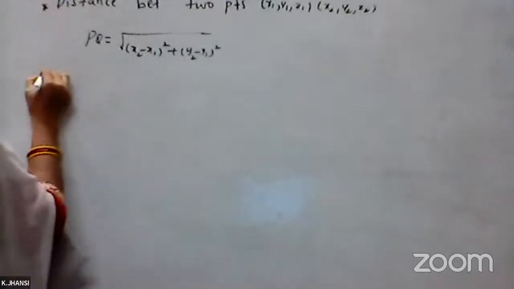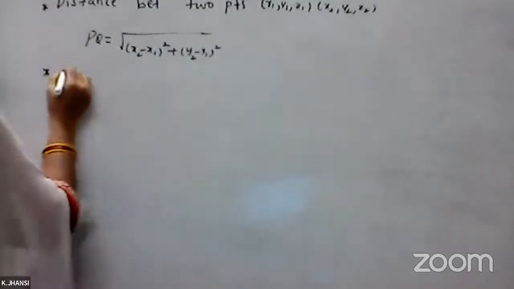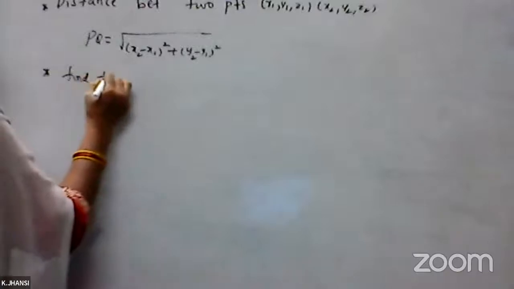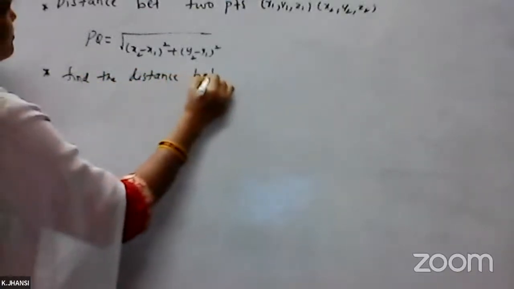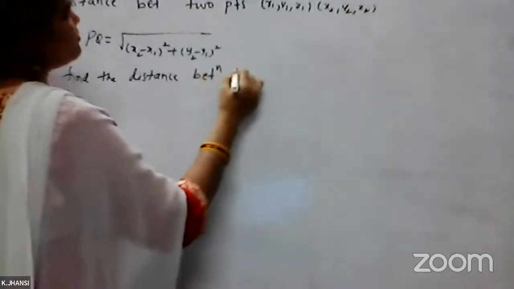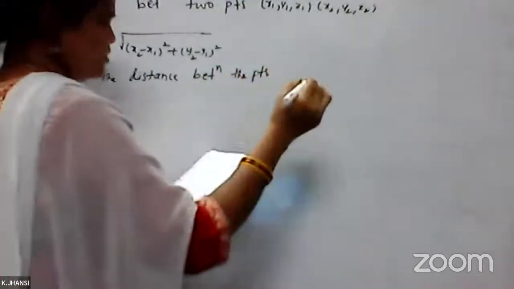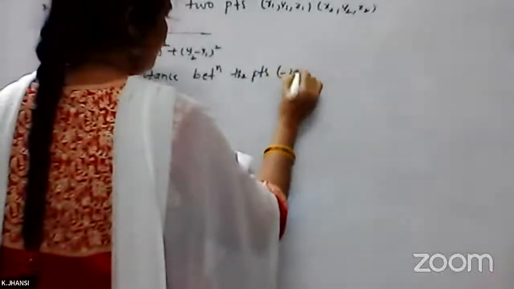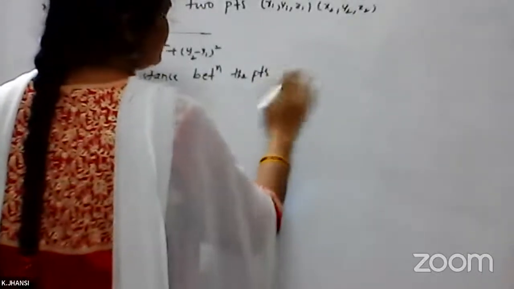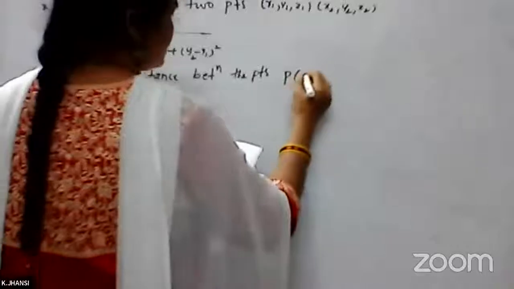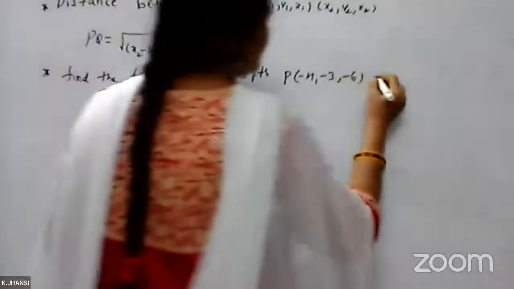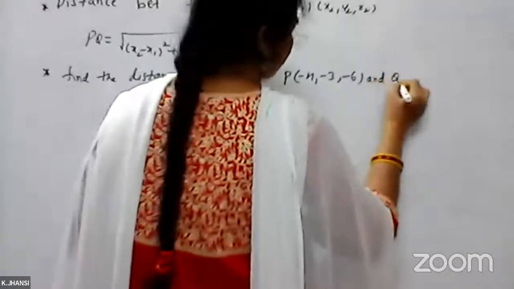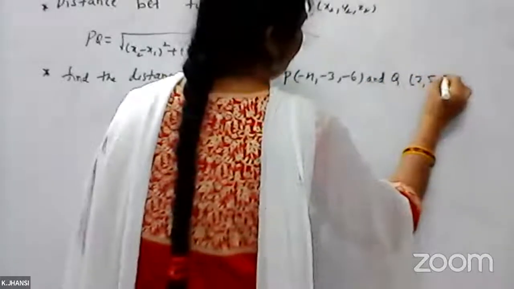Similarly for our problem, if it is asked to find the distance between the points, the points given are P, minus 4, minus 3, minus 6, and Q is 2, 5, 1.